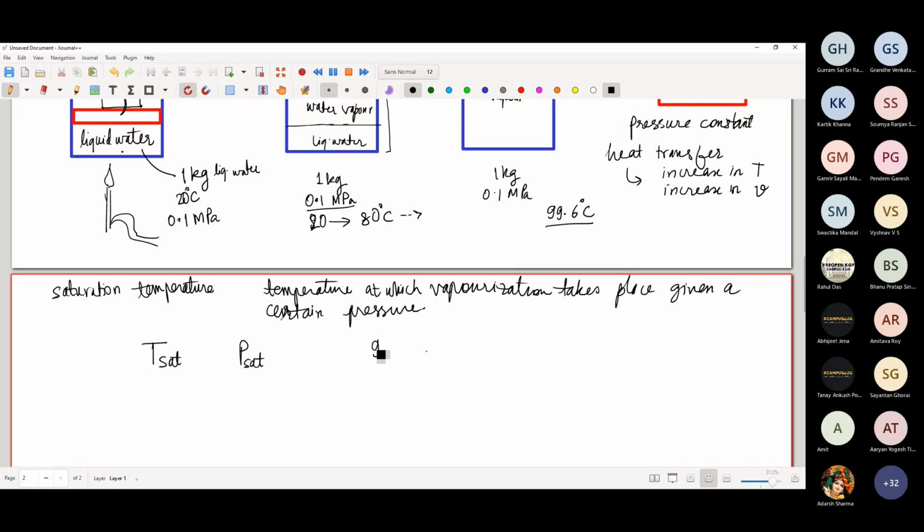So 99.6 degrees Celsius is the saturation temperature corresponding to a pressure of 0.1 megapascal.